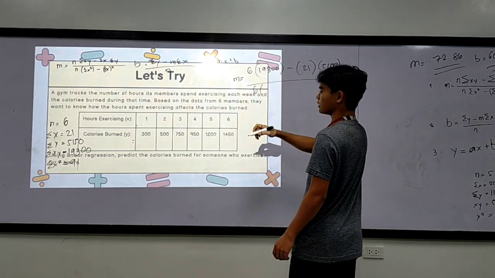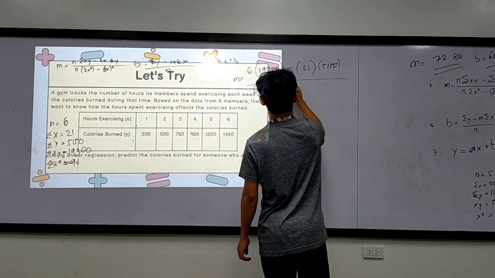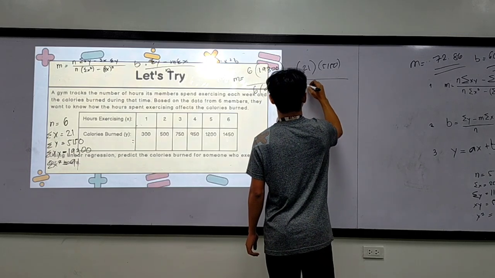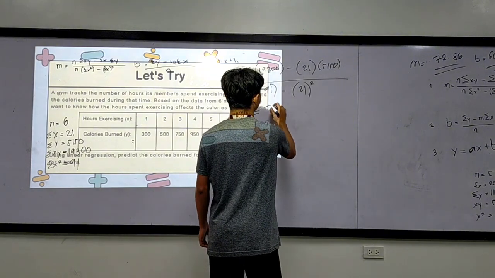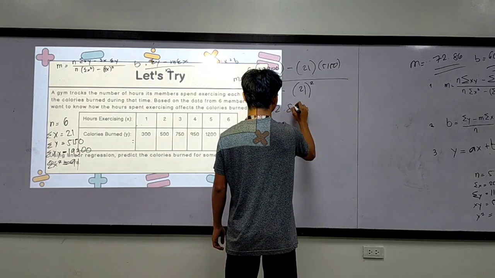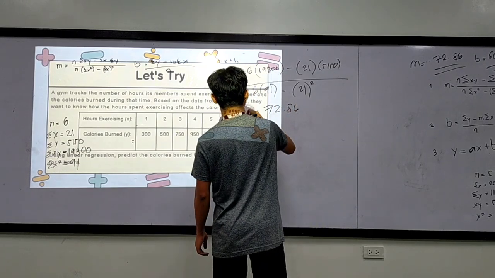Then 6 times x squared, which is 91, minus 21 squared. So the answer for this is 72.86. So this is the value of m.